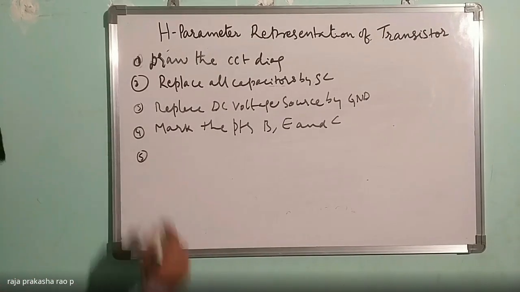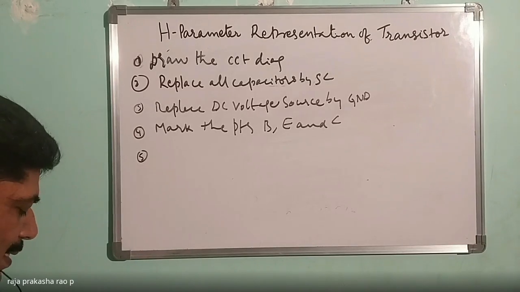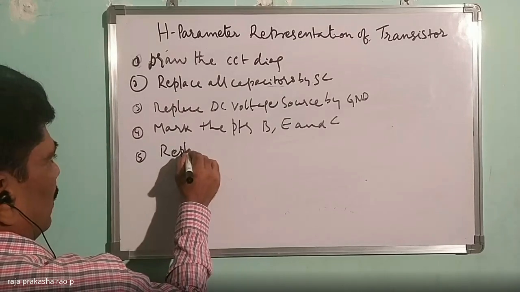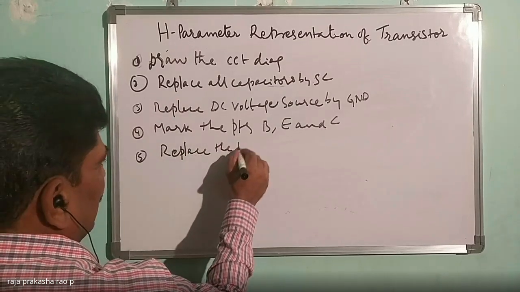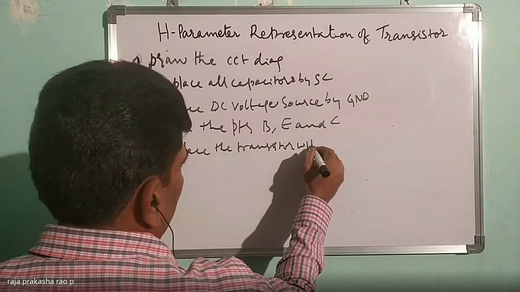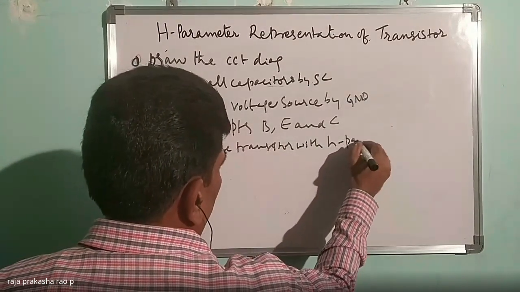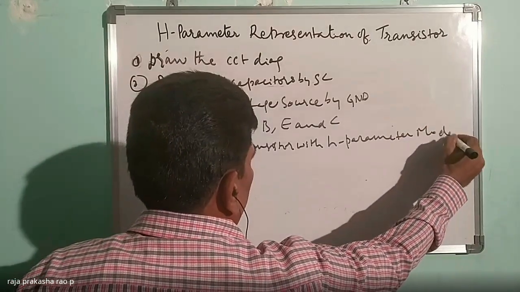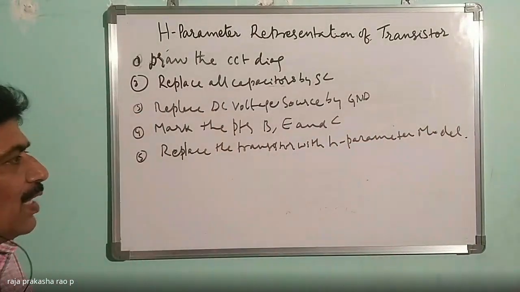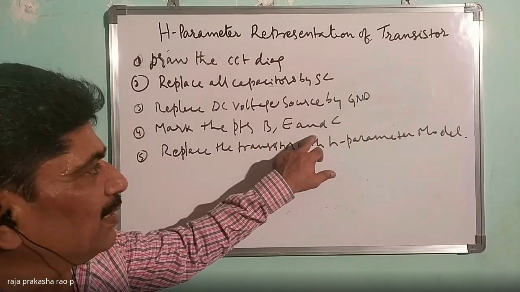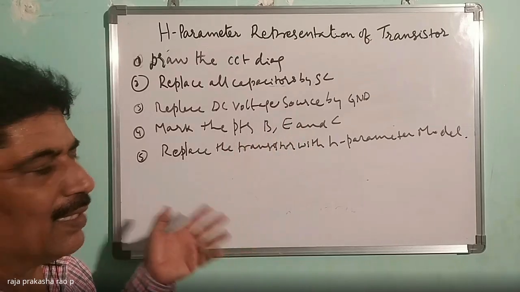Fifth point is replace the transistor with its H parameter model. The meaning of this is, after marking B, E, C, that can be a common emitter, common collector, or a common base.